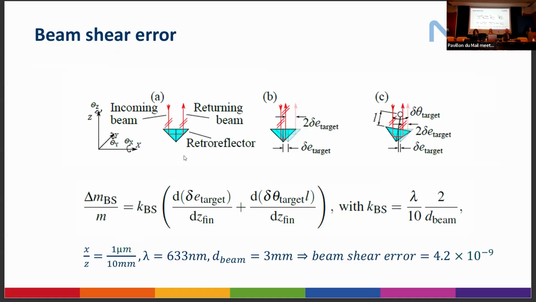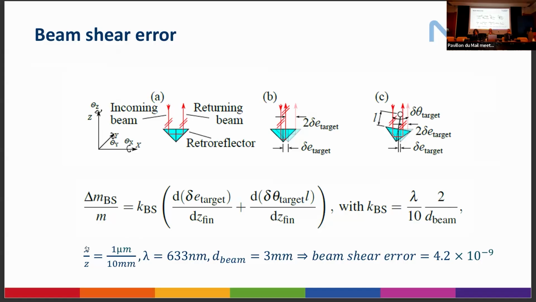The other error that comes in because your optical target is moving is called beam shear error. This beam shear error depends on your beam size, called D beam here, and how good your reflector is, the surface imperfection in your reflector. Today everyone can get lambda over 10 surfaces.